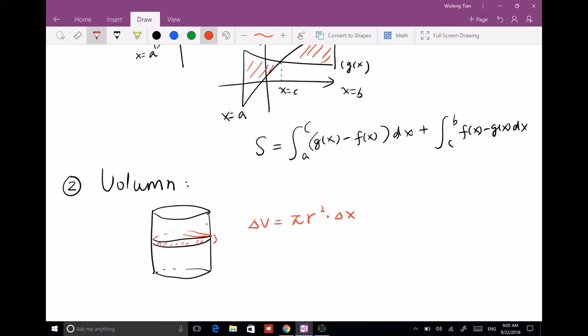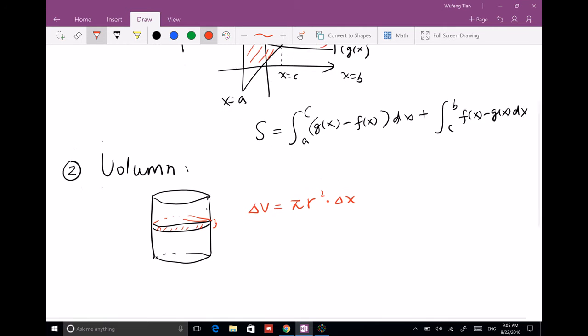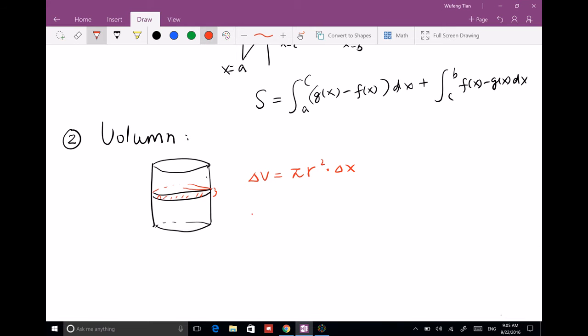Okay, so you cut into a lot of small disks, then the whole volume by the disk method is from a to b, suppose this is x and y, and normally this is a to b.